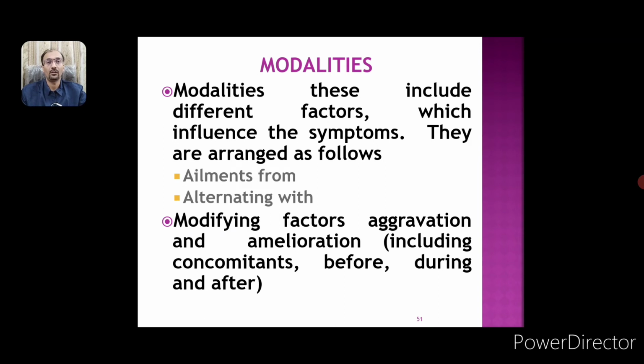Other components of modifying factors are before, during and after, and also the concomitants are listed in the list of modalities. There are two other components we find in this repertory, ailments from and alternating symptoms, in their respective alphabetical order.